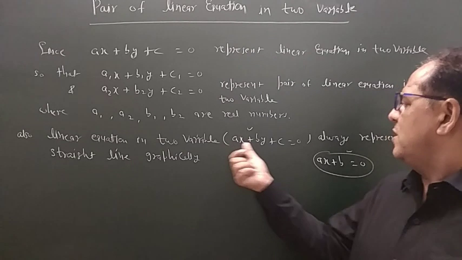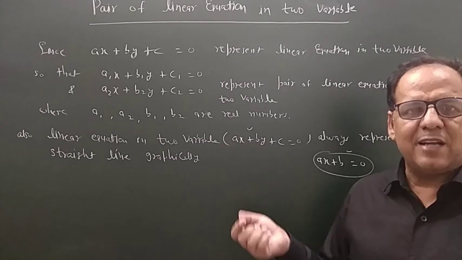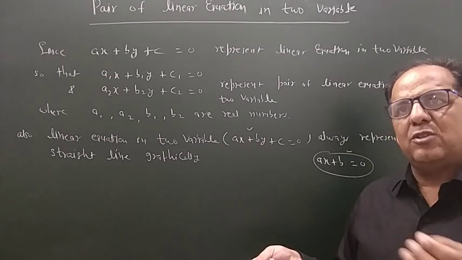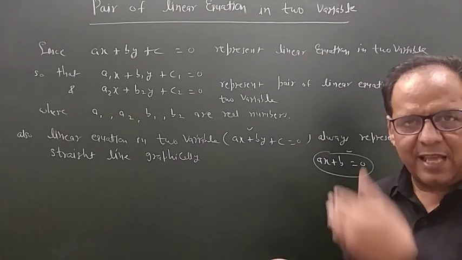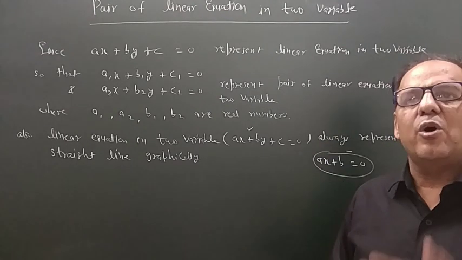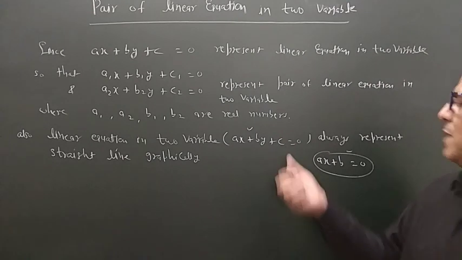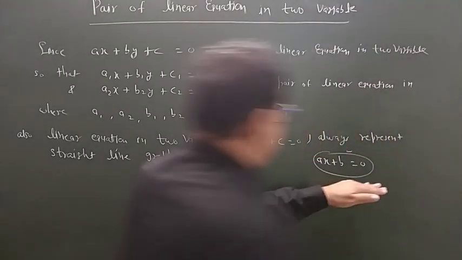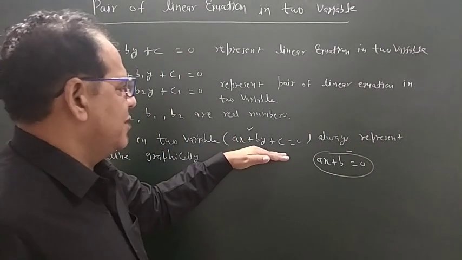Similarly, a linear equation in two variables represents a straight line. It may intersect the x-axis, the y-axis, or both the axes. So this is the difference between the linear equation in one variable and in two variables.